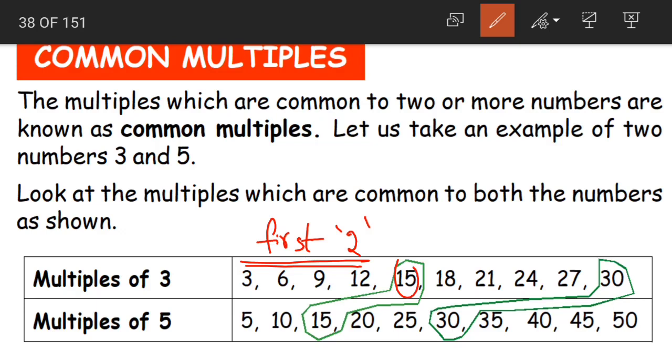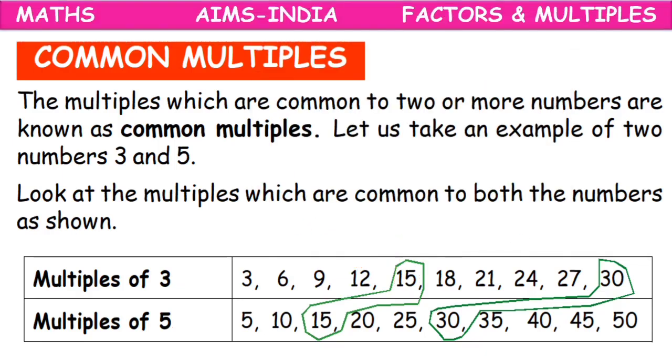So whenever we are writing or talking about multiples, we say the first 5 multiples or the first 5 common multiples. So the first two common multiples of 3 and 5 are 15 and 30. Understood, children, the concept of common multiples?